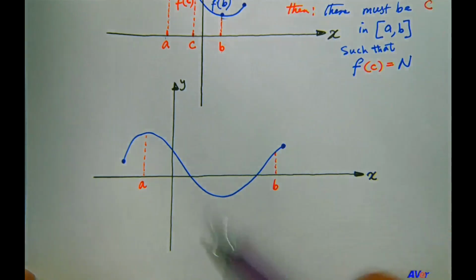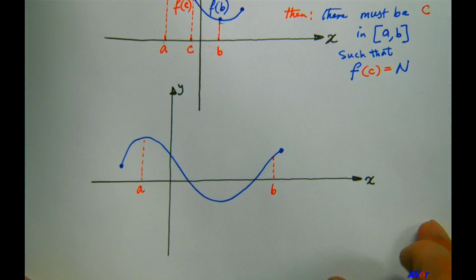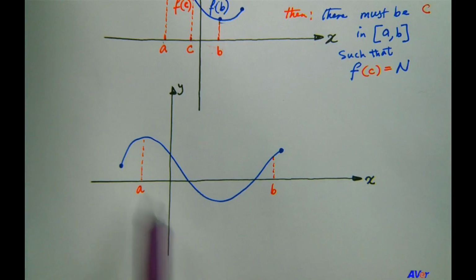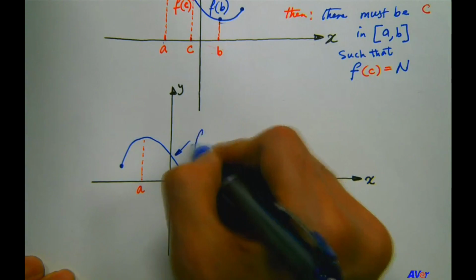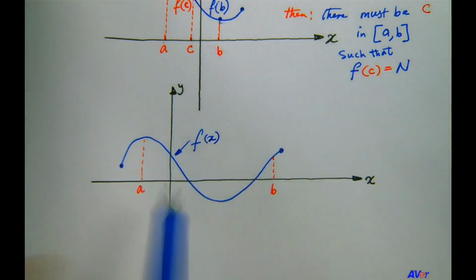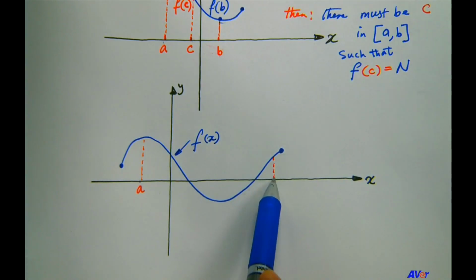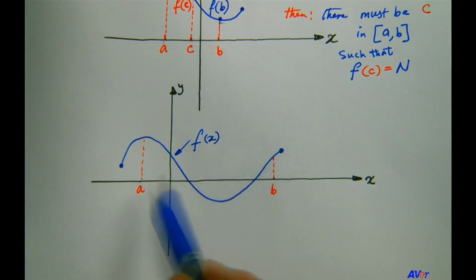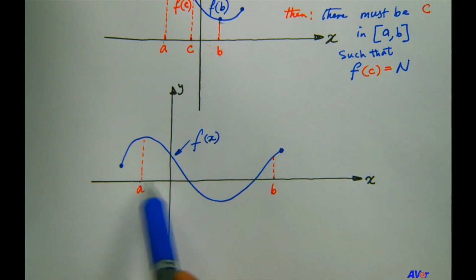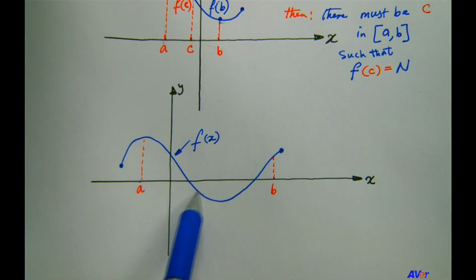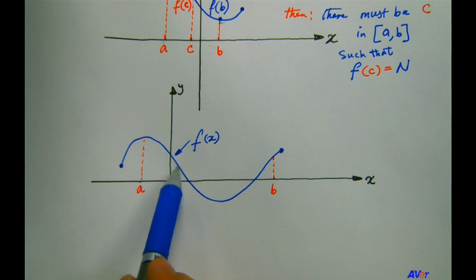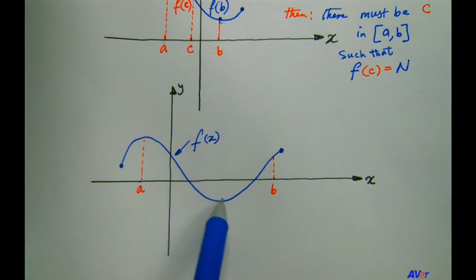So the intermediate value theorem can also tell us this: if you have a continuous function f of x, so this is f of x, if it's continuous from a to b, and on one side it is positive, and at some other point it is negative.